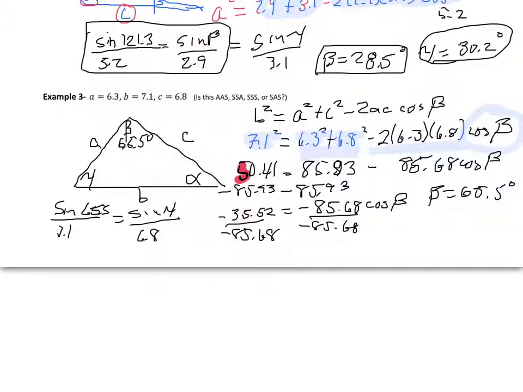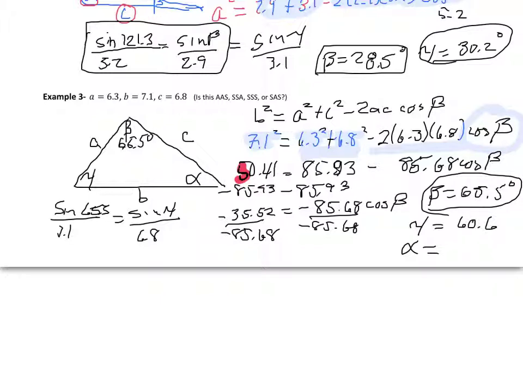And eventually we get gamma to be, what's gamma, Al? 60.6.